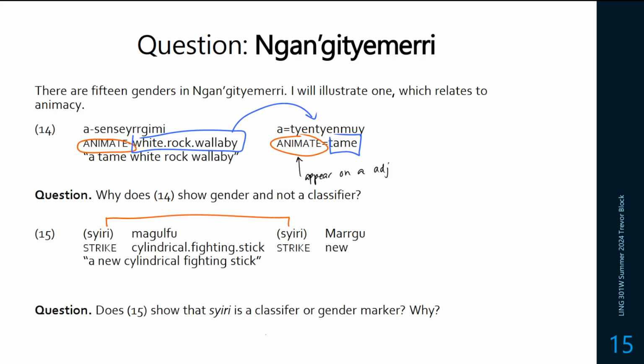And here's the thing. If we just had one bit here, if we just had strike at the beginning, then what we would have is a classifier because we would have cylindrical fighting stick. Strike is giving it that meaning to hone in on cylindrical fighting stick. Then we have the word new. And this strike meaning would not appear anywhere else.